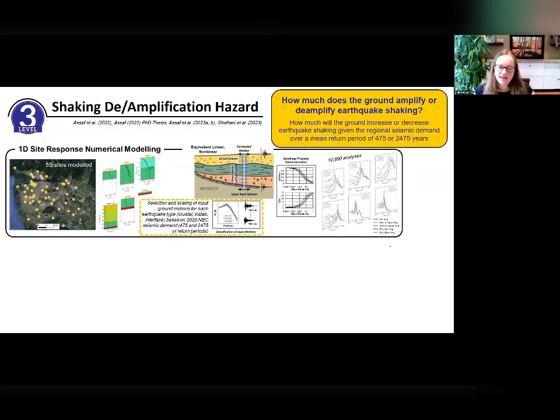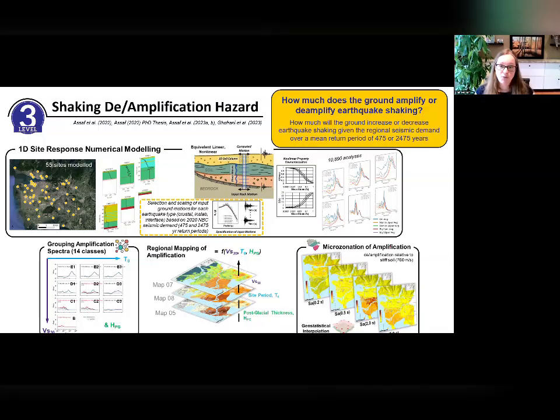We have to select and scale time histories to the chosen shaking intensity levels for the 3 seismic source zones for 2 components of motion, so 66 time histories that are input for each of the 55 sites, resulting in almost 11,000 analyses or ground motion values for us to calculate what the amplification spectrum is, or what amplification is like with frequency or period. We can average that to make a representative amplification spectrum from which to determine the amplification value for a map.